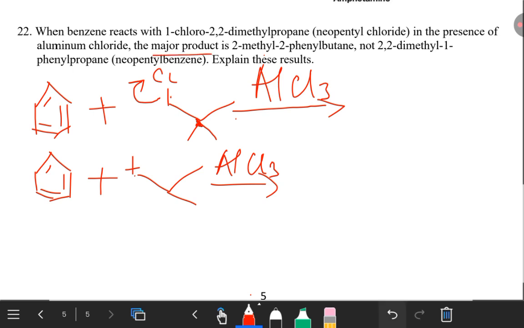The major product will be formed from a carbocation at the secondary position. That is where the major product will be formed. So let's do a methanide shift. We have this carbocation here.